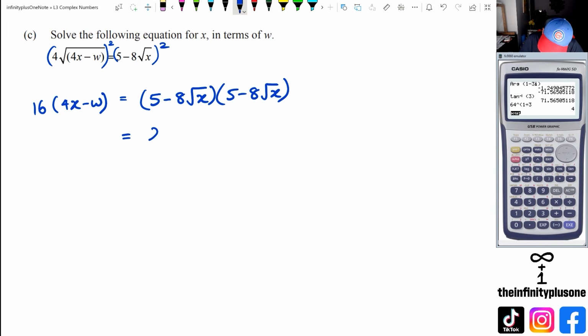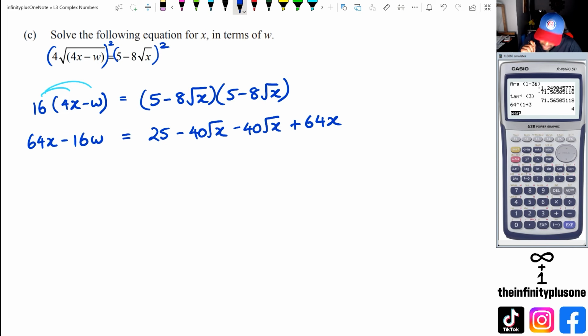Doing this, expanding the brackets, I'm going to get 25 minus 40 root x minus 40 root x plus 64. Root x times root x is just x. And here I'm going to expand the brackets on the left hand side, and I'm going to get 16 times 4, that's 64x minus 16w.